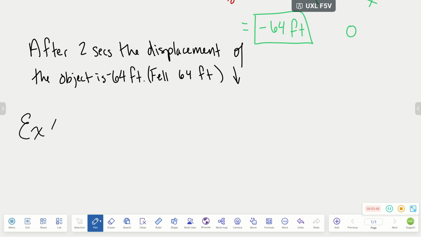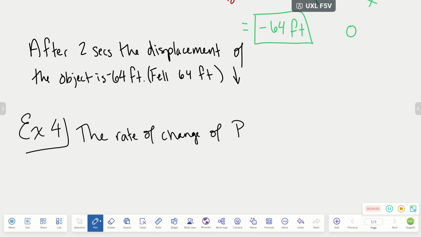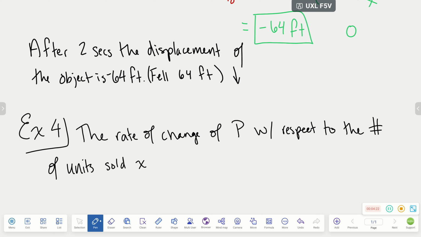So in terms of economics, it says the rate of change of P with respect to the number of units sold, which is x, is called marginal profit.